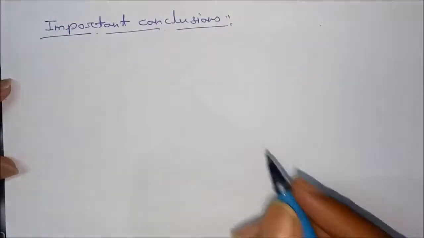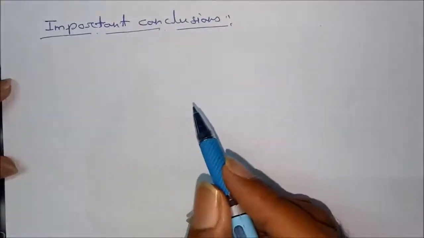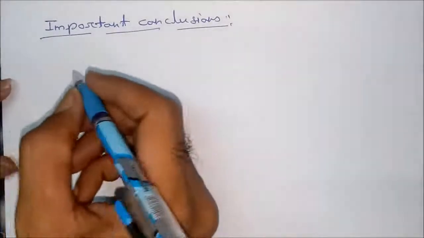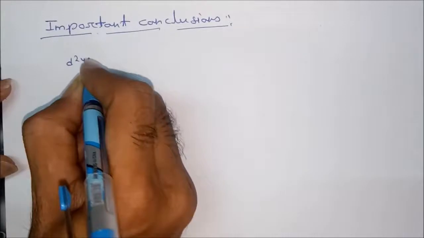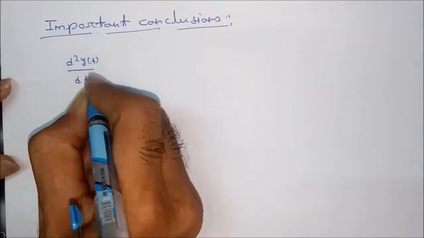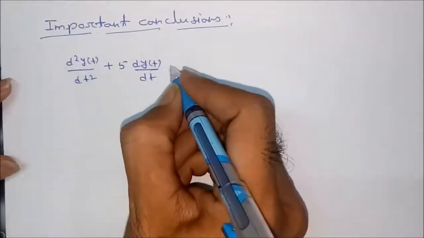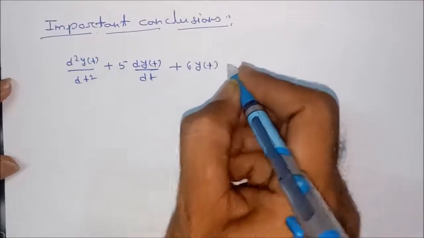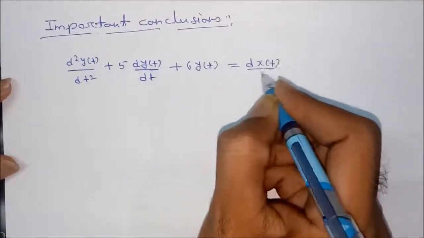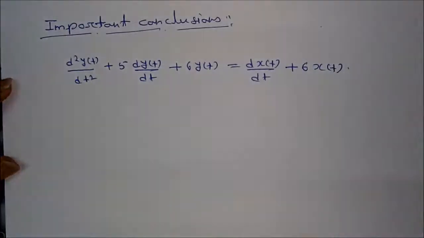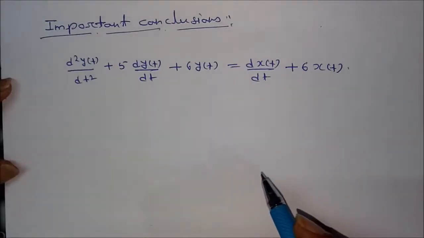See, I'm taking an example. Let's see a system whose input-output relation is given by a second order differential equation: d square y(t) by dt square plus 5 dy(t) by dt plus 6 y(t) is equal to dx(t) by dt plus 6 x(t). This is a time domain differential equation relating input and output of a system, where x(t) is the input and y(t) is the output signal.